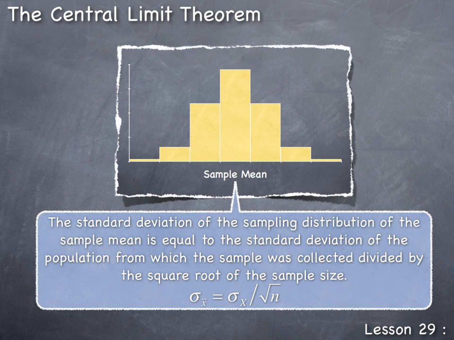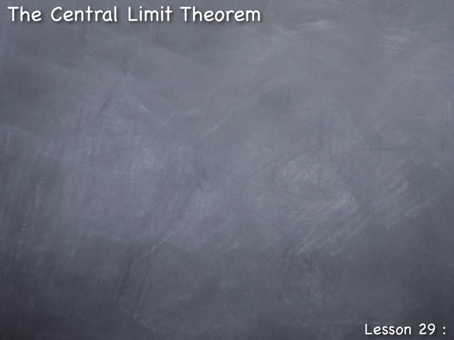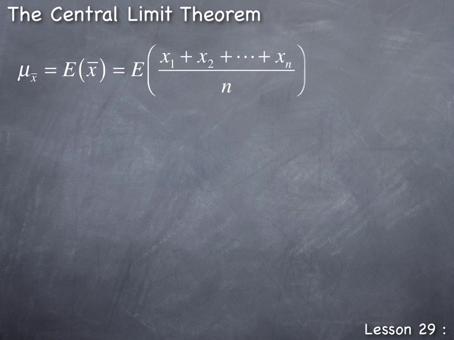These two results of the central limit theorem can be demonstrated mathematically as follows. So mu sub x bar, the mean of the sampling distribution of the sample mean, is equal to the expected value of x bar. Now x bar, the sample mean, is calculated by finding the sum of all the data values and dividing by n, how many data values were collected.